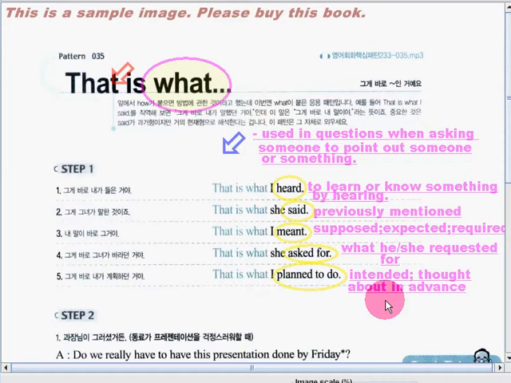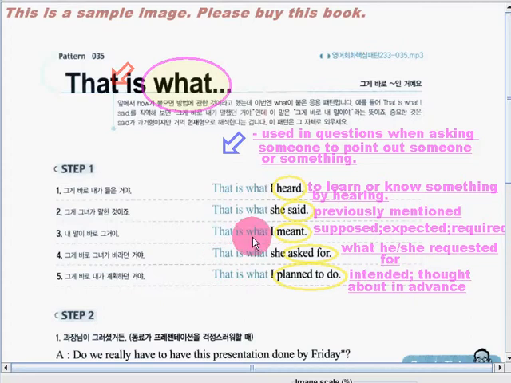Very good. Now let's have a review. Let's read the following sentences and please follow me. Read after me. That is what I heard. That is what she said.